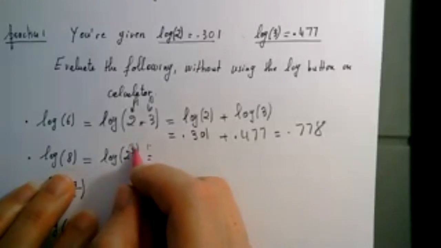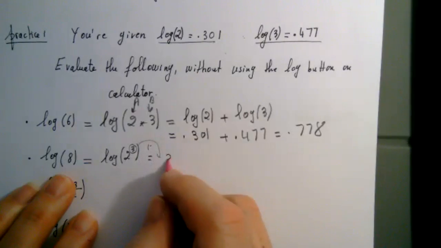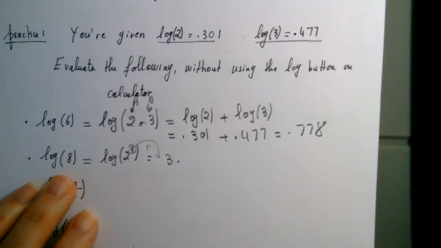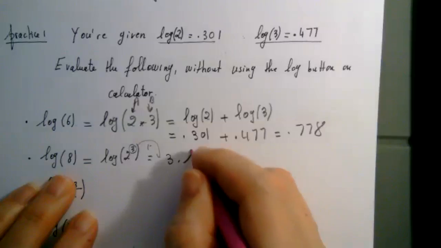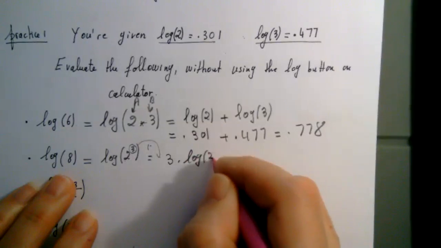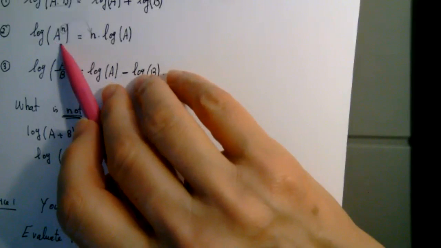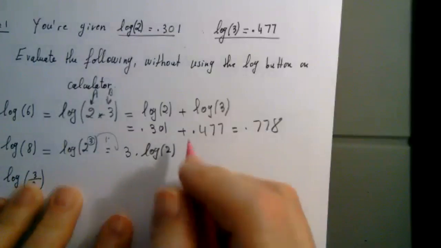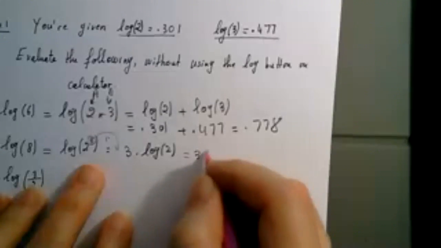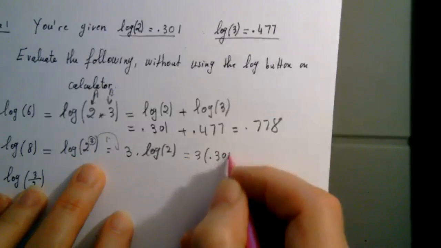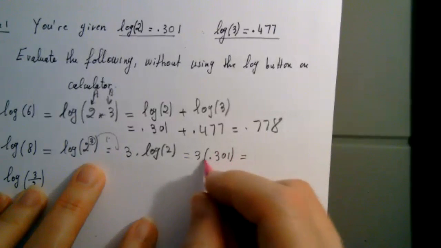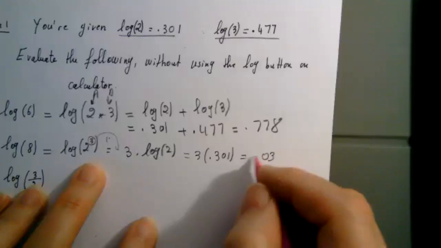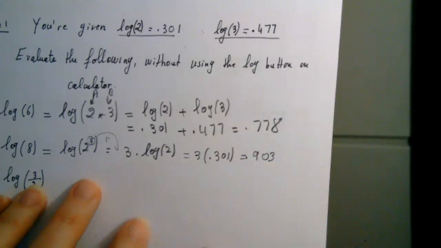The property tells me you can bring your power down, you multiply it by the log of 2. So what's A in my scenario? A is 2 and the power is 3. That's how I am using it. And now I just plug in what I have. 3 times 0.301, which is going to give me 0.903.